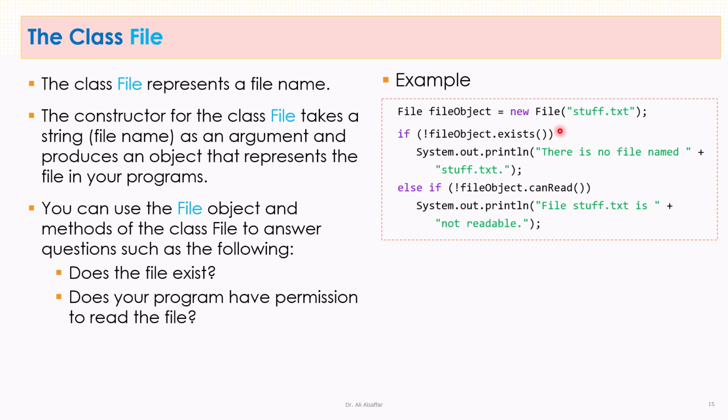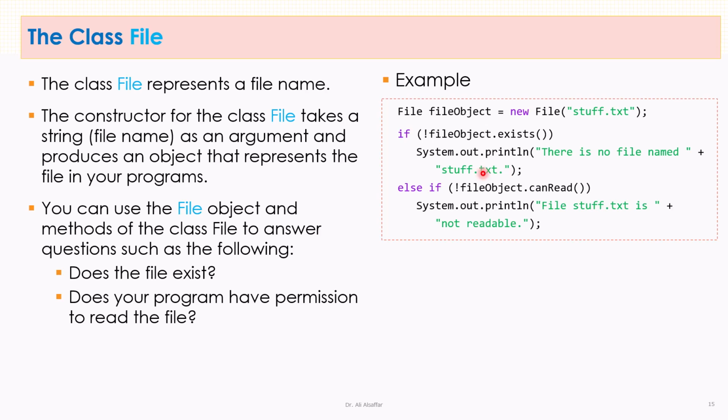In this line, we are creating the object for the file stuff.txt, and here we are using a special method inside the File class called exists, and this is a Boolean method. It returns true if the file exists, and false if the file does not exist. So if the file does not exist, a message is printed: there is no file named stuff.txt.